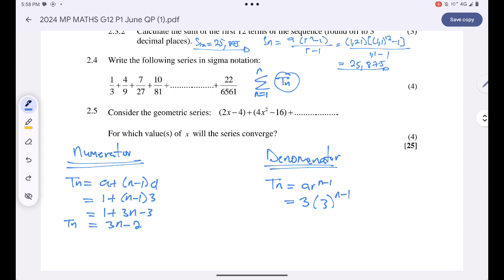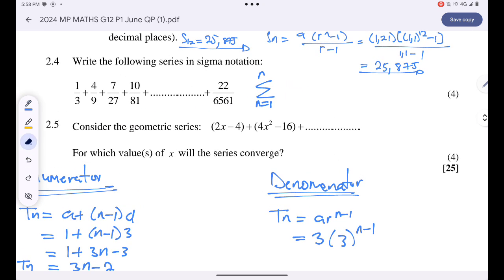So therefore, for me to express this entire thing in sigma notation, let me use a different color. Sigma, where n is equal to 1, I simply have 3n minus 2 for my numerator. My denominator is just 3 times 3 to the power n minus 1. Like this. But then I must find the position of my last term.